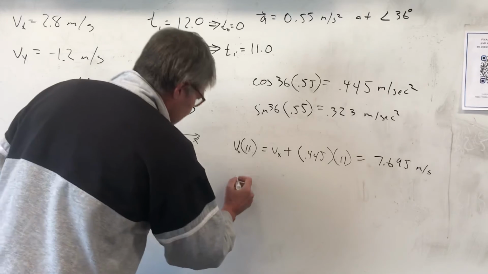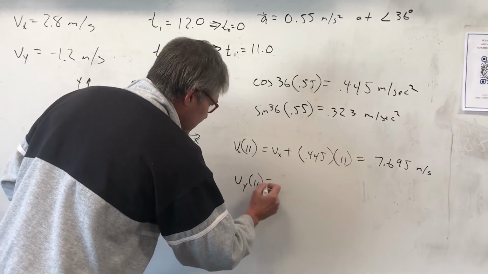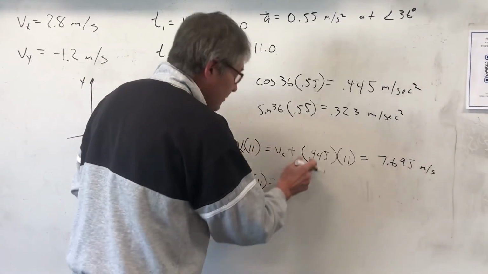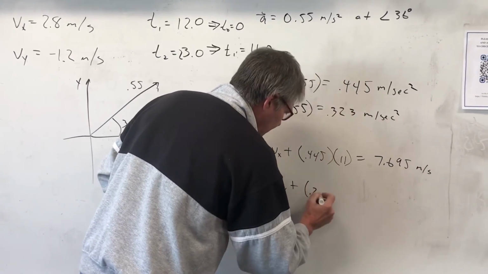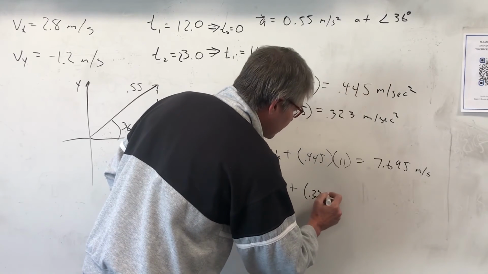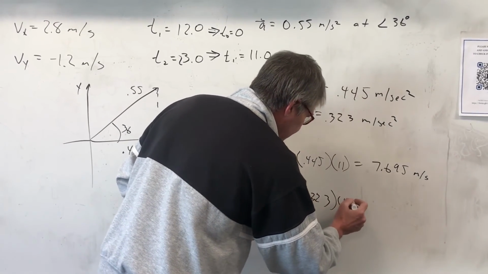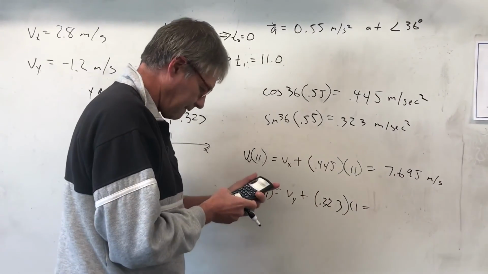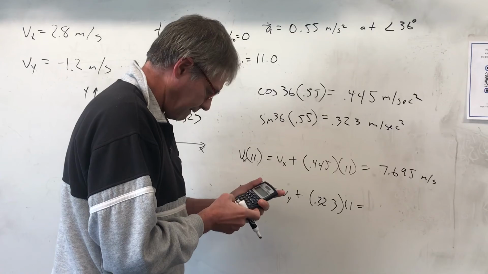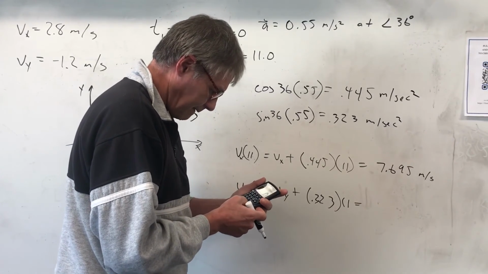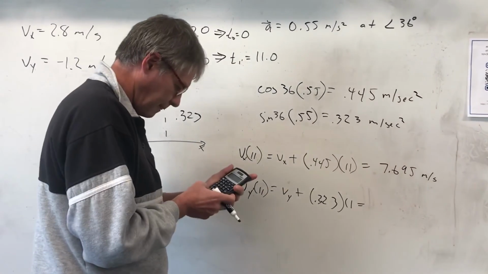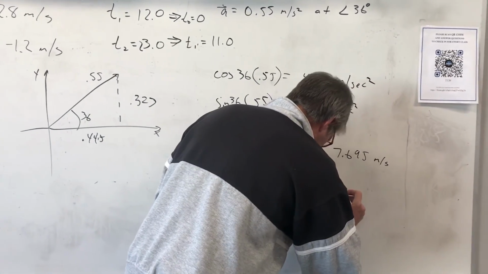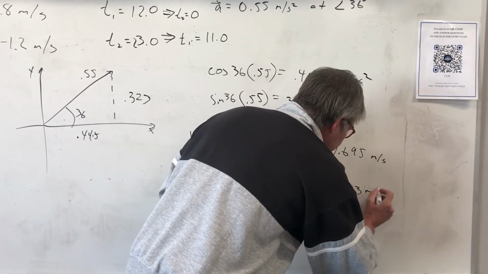Now in the y direction at 11 seconds, and again, I'm going to call this prime so we don't confuse them, 0.323 times 11, plus, again, this is negative 1.2, that's 2.353 meters per second.